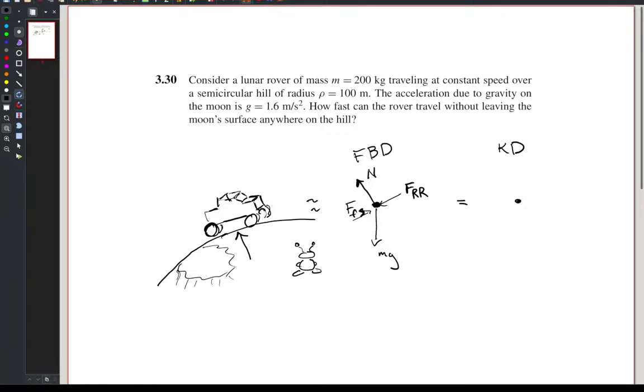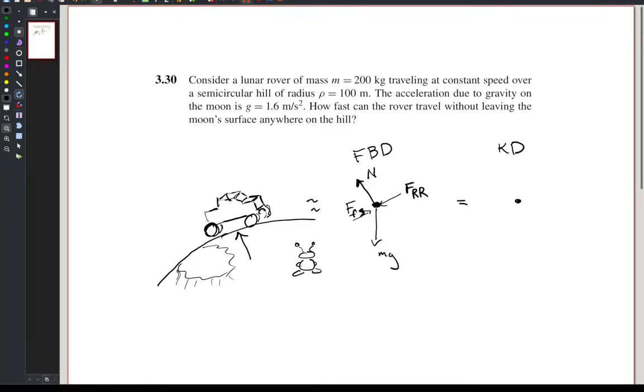All right, acceleration. What does our acceleration look like? It's 0? No, it's changing as it's on the hill. I mean, yeah, but constant speed, 0 acceleration. The direction is changing.